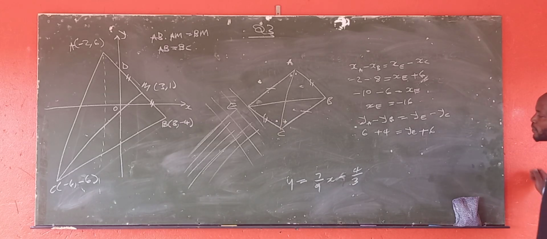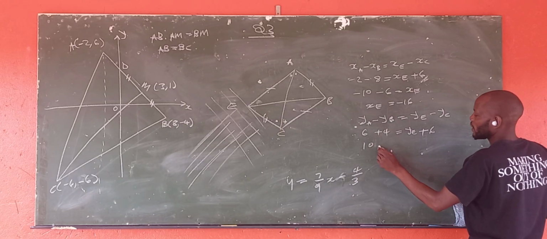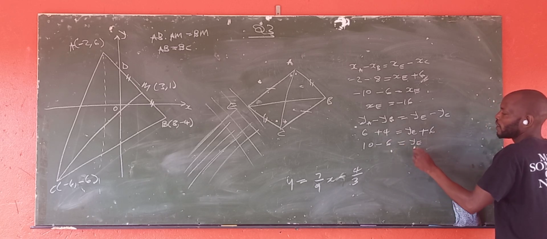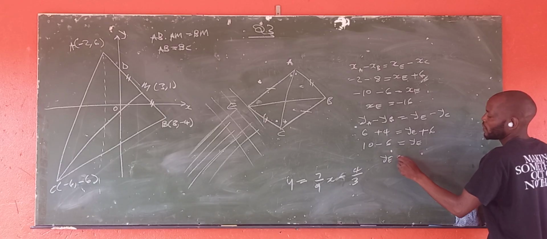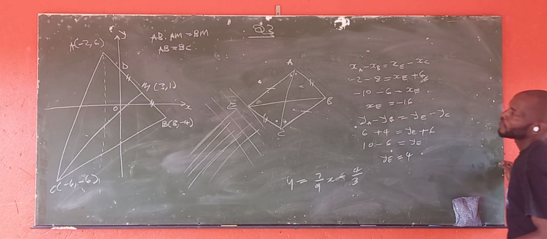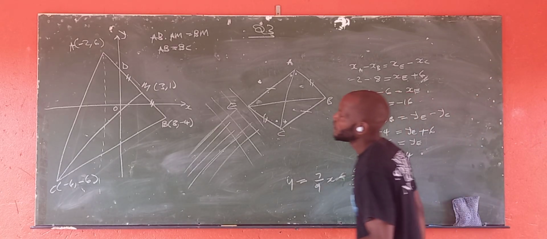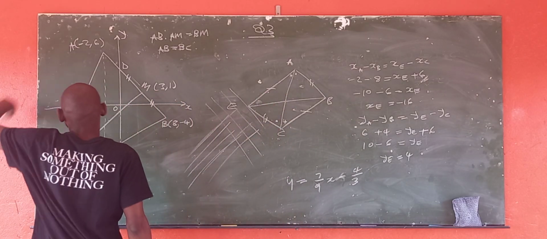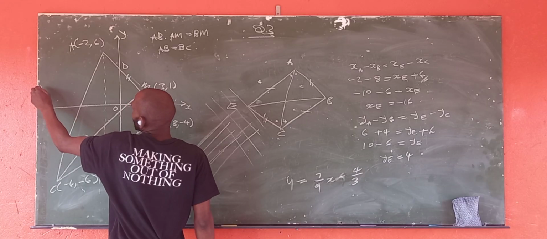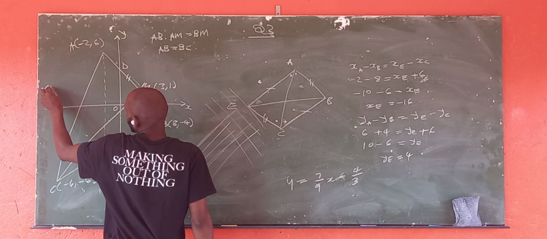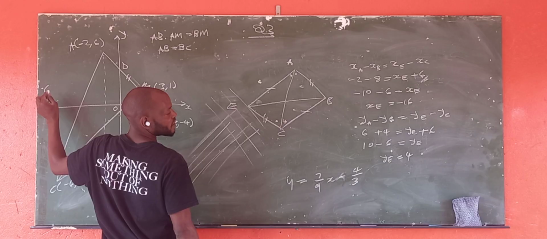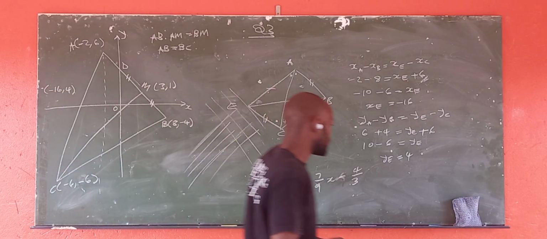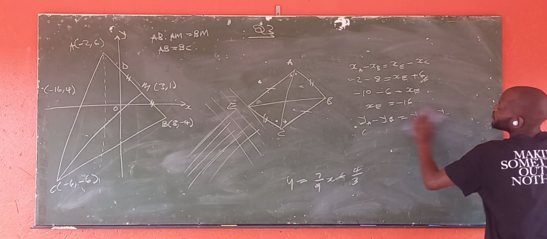Negative by negative is positive. So 10 minus 6 equals y at E, so y at E is equal to 4, right? The coordinates of E should be somewhere here. The coordinates of E are negative 16, 4.